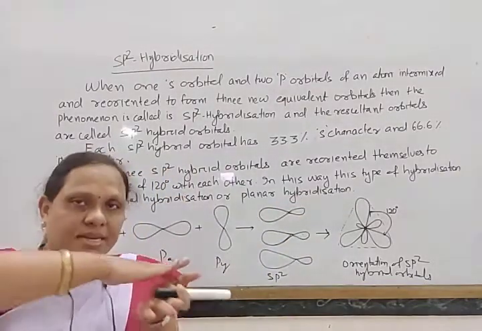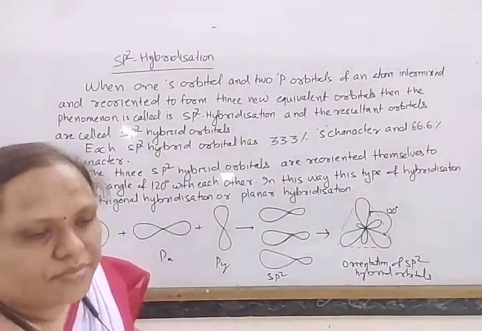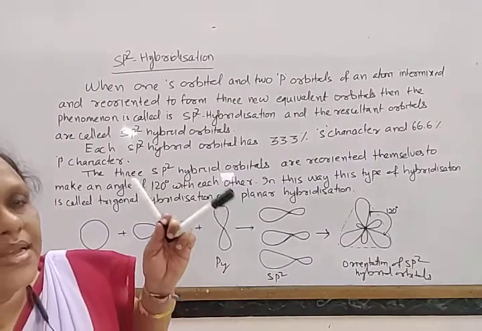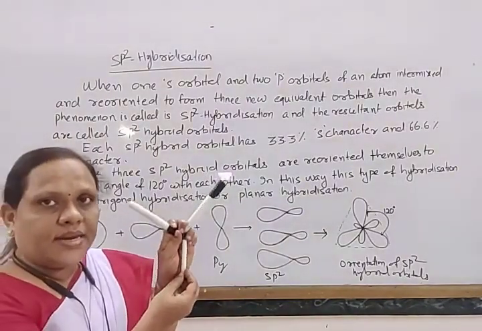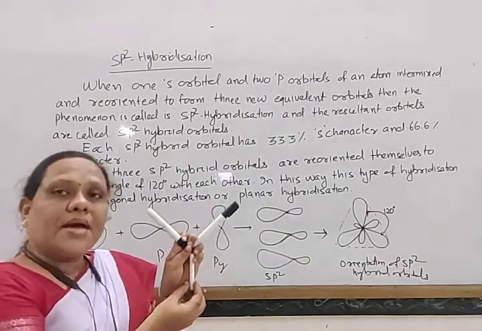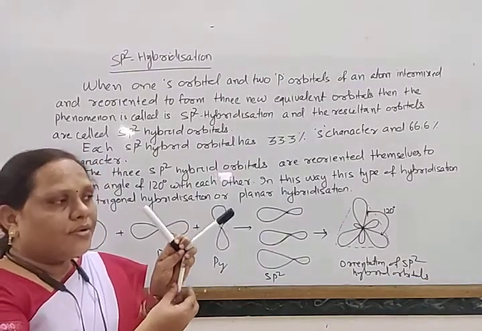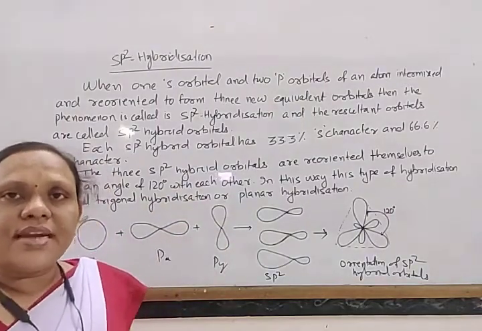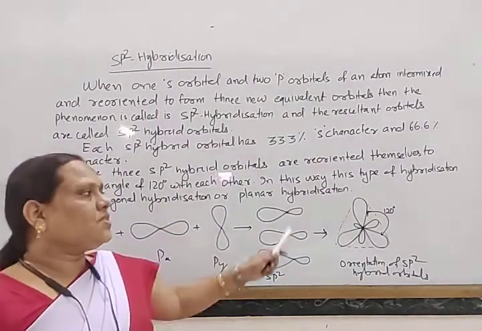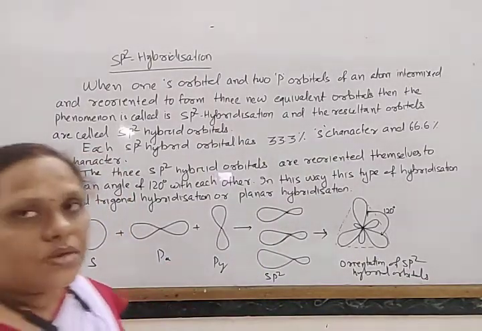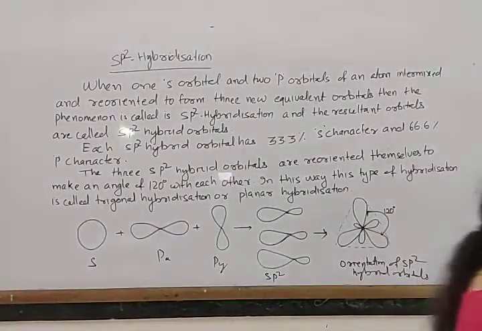All of these remain in a plane, so this type of hybridization is called planar hybridization. When we join the apexes of all, it gives a triangular shape, so it is also called trigonal hybridization. Note down these points.